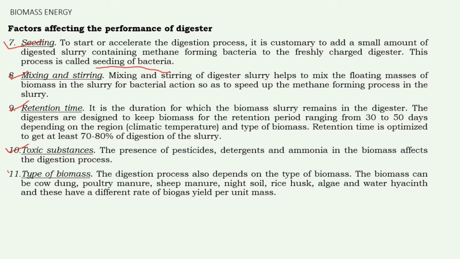The digestion process also depends on the type of biomass that we add into the digester. The biomass can be cow dung, poultry manure, sheep manure, night soil, rice husk, algae, water hyacinth, and these have a different rate of biogas yield per unit mass.